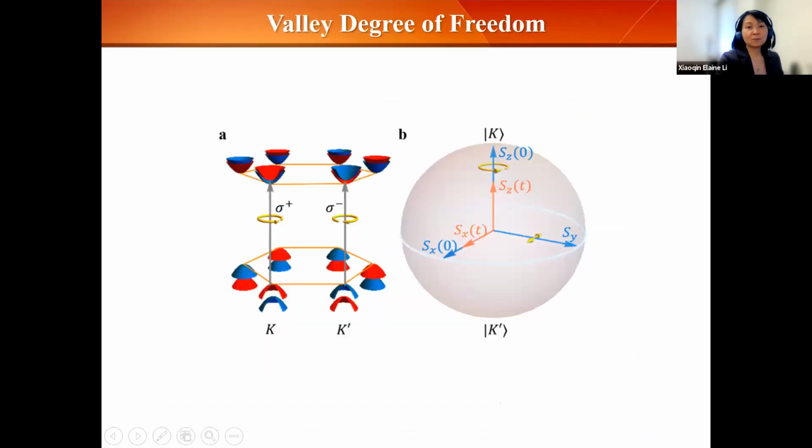Another property of this material is that these excitons happen at the boundary of the Brillouin zone. The Brillouin zone is also hexagonal in these hexagonal two-dimensional lattices, and there are two inequivalent valleys. I'm going to call them K and K prime, and they're related by what's called time reversal symmetry.